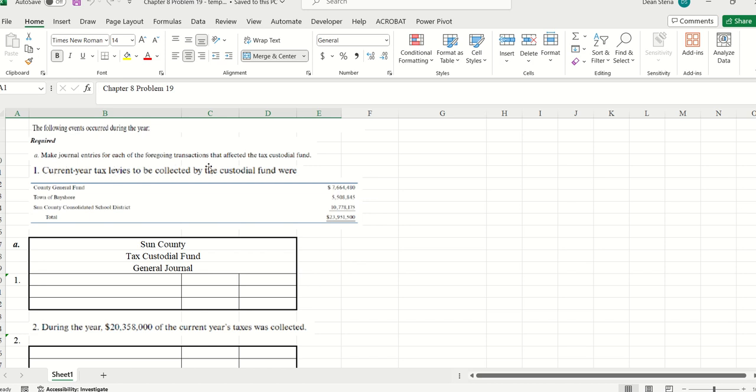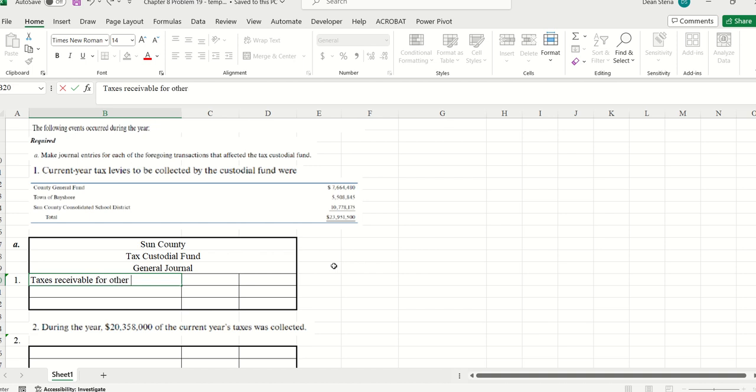The current tax year levies to be collected by the fund is going to be taxes receivable for other funds and governments.